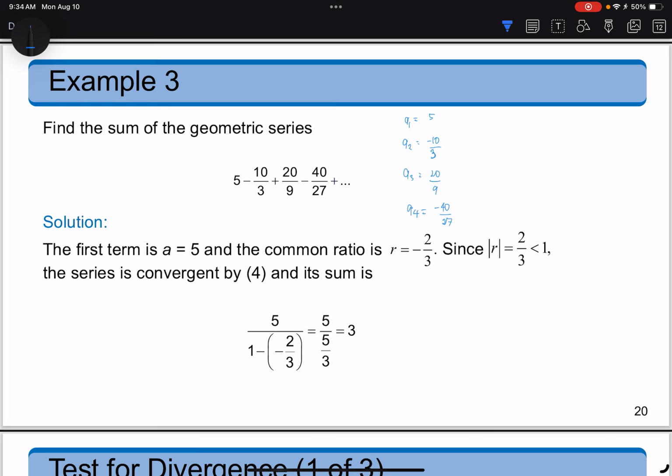We're going to test whether this is a geometric series by taking the common ratios. The common ratio is negative 10 over 3 over 5, equal to negative 2 over 3.